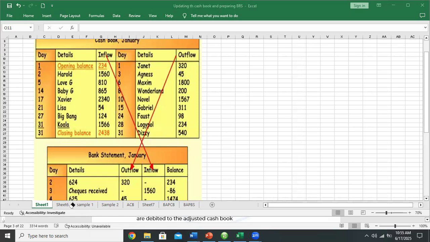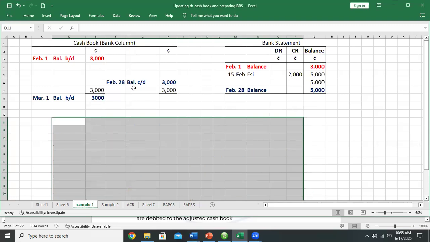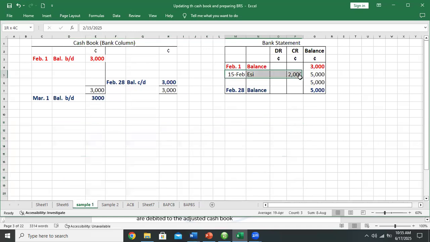So let me go to this page for you to see. So you see, we have received the check, and for that matter, we have debited the check in our cash book. So let me give an example here.